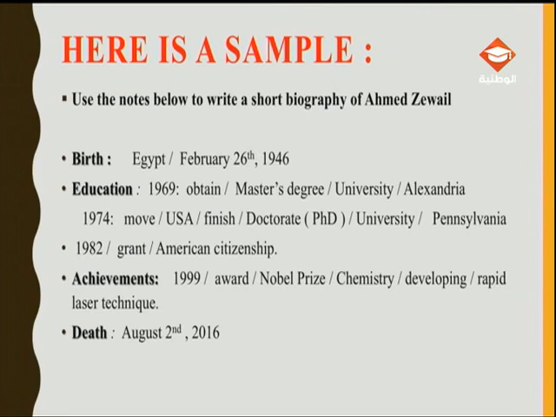For the achievements, so why is Ahmed Zewail famous? 1999, award, Nobel Prize, chemistry. The reason, developing rapid laser technique. Finally, Ahmed Zewail has quite recently died, okay? Died in 2016. So how are we going to put all this information into a paragraph?